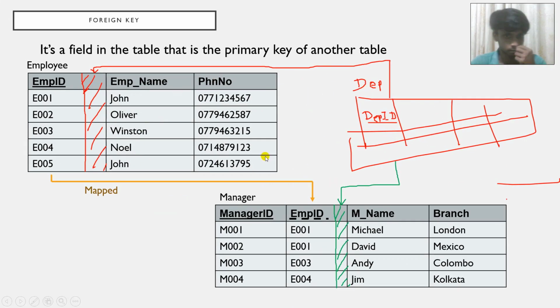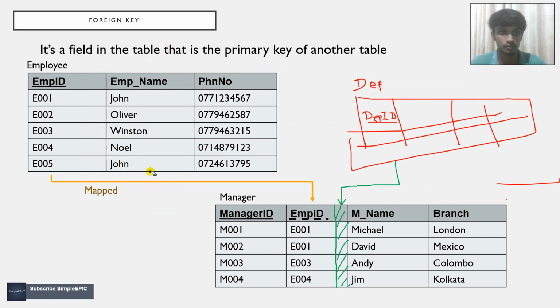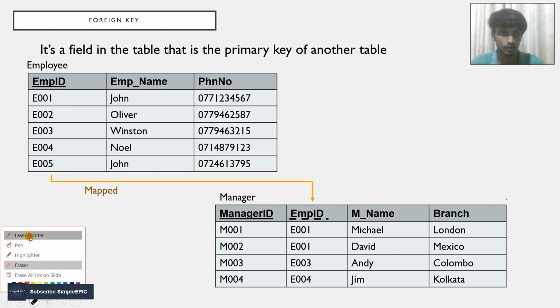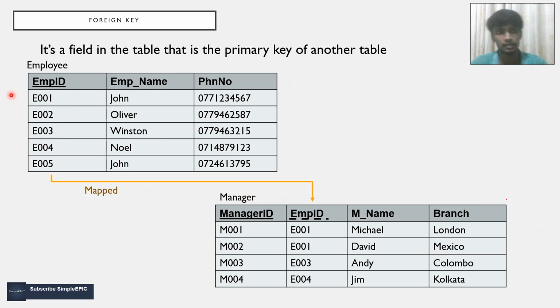Okay, so imagine, I will just quickly erase those things. Okay, so imagine we haven't mapped these two tables. So what will be the attributes? The employee table will have these attributes as the default state.